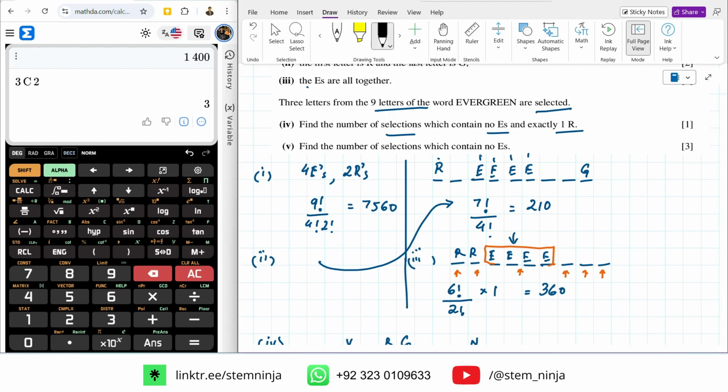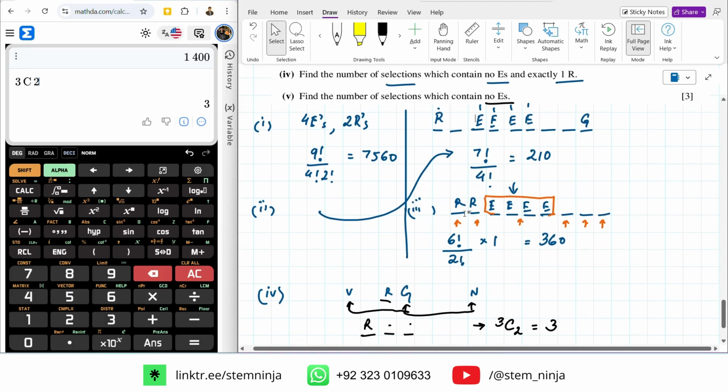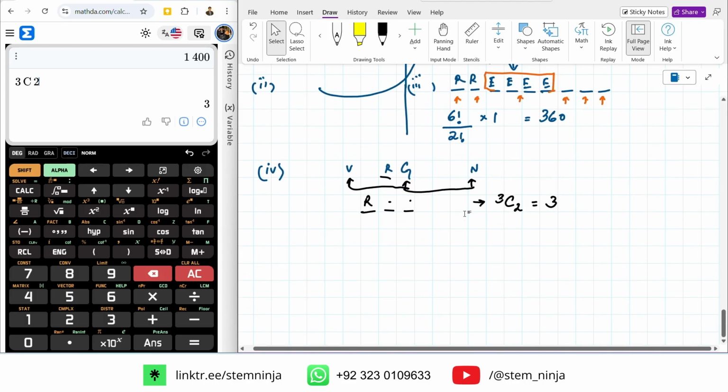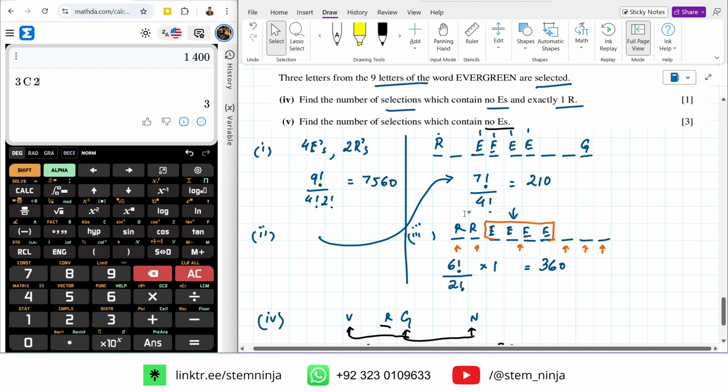Find the number of selections which contain no E's. All right. Now, over here, we have to take care because R's are identical.